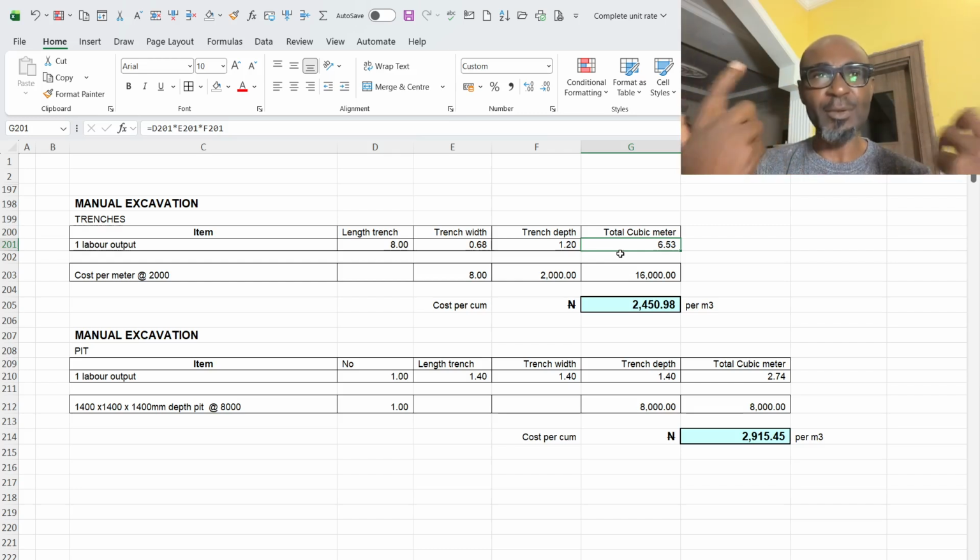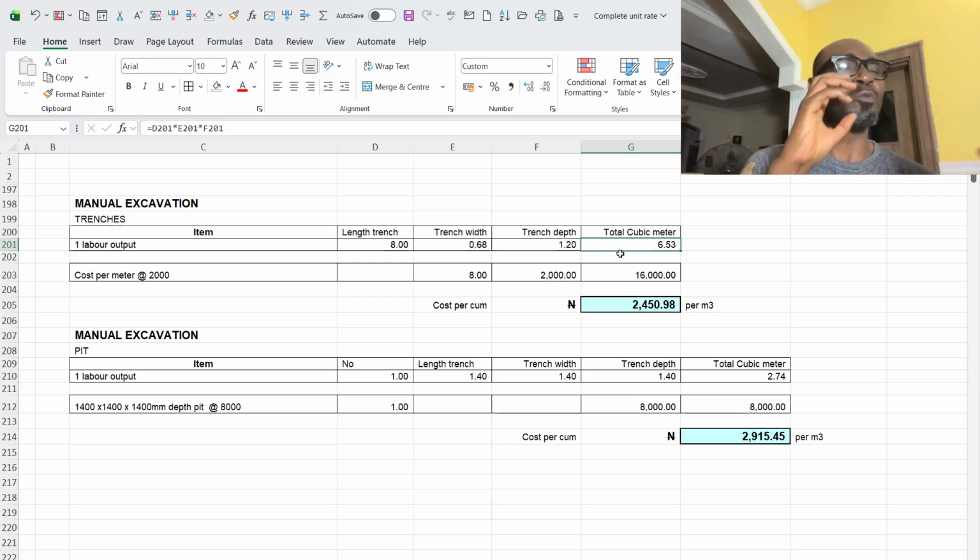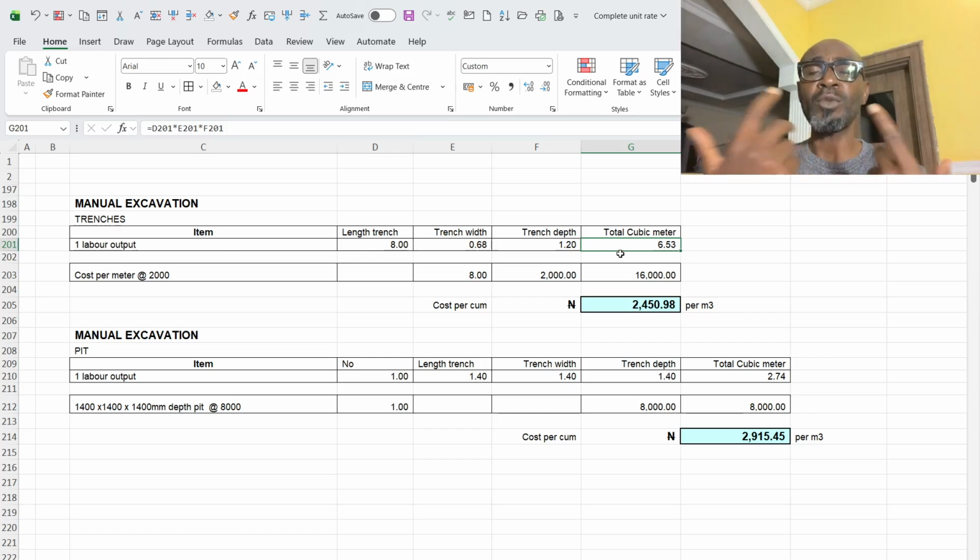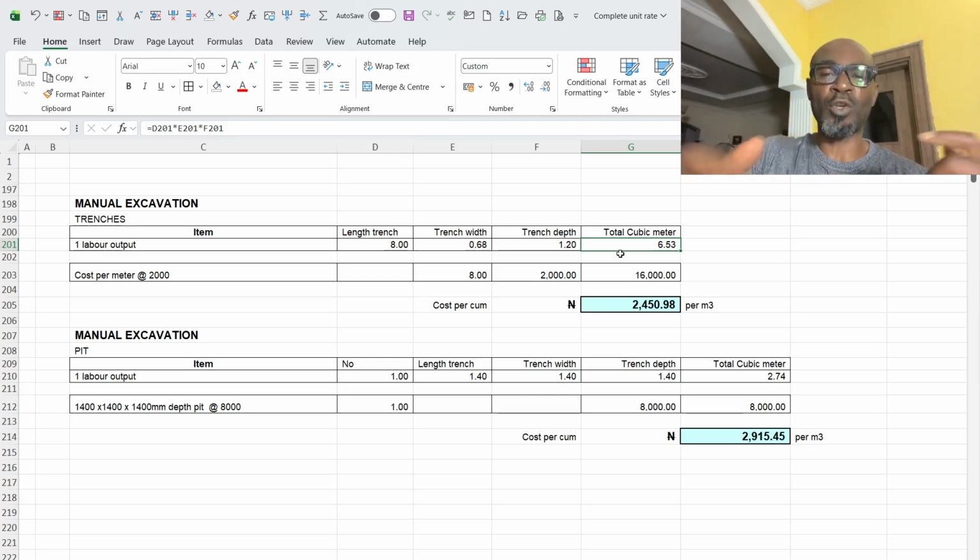They don't have the skill set to understand what you mean by cubic meter. So it is left for you to compute how much you have paid them for the total linear meter they have dug per day and divide it by the total volume, the output of soil they've been able to achieve on site, to get your cost per cubic meter.